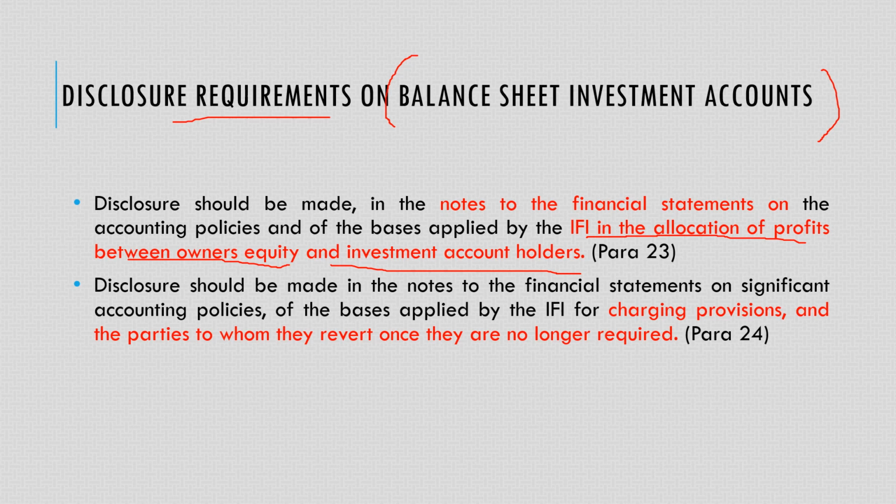Because we need to be transparent, we need to tell all users what has been going on in the IFIs. So that's why we must disclose everything in the notes of the financial statements.